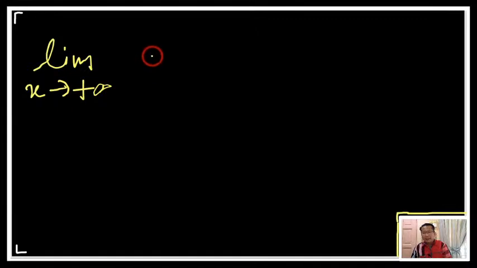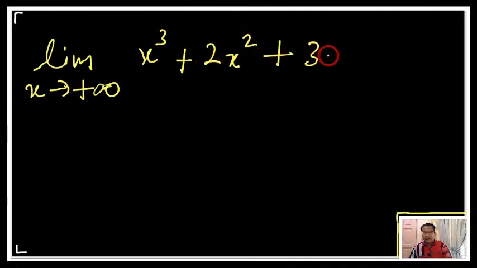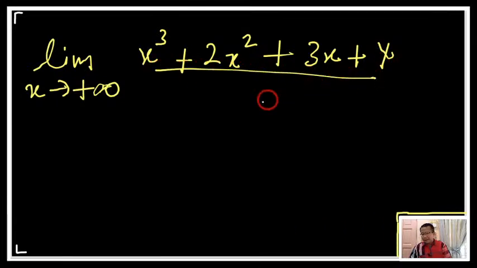Then, if you have highest degree, for example, limit as x approaches positive infinity of x power 3 plus 2x square plus 3x plus 4. What you need to do is just ignore the rest.